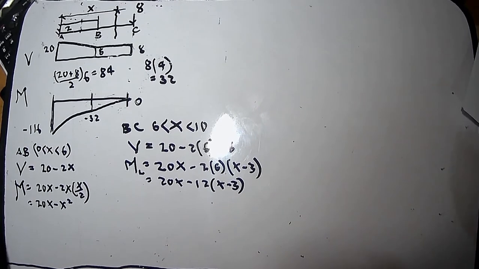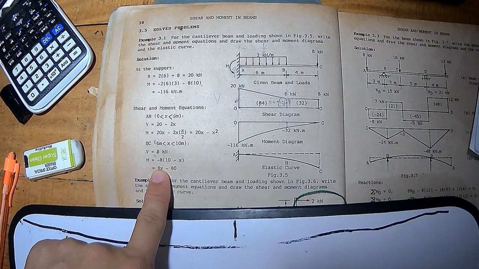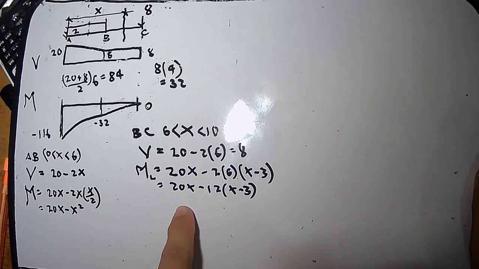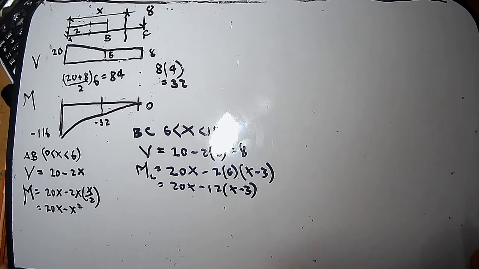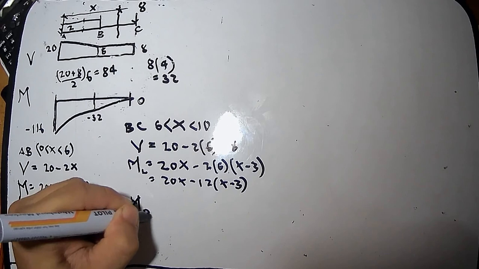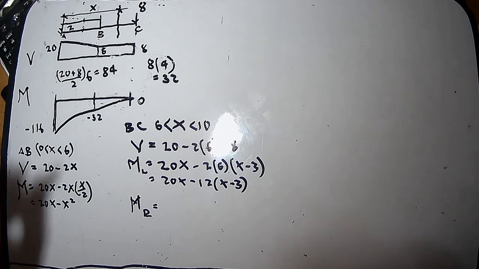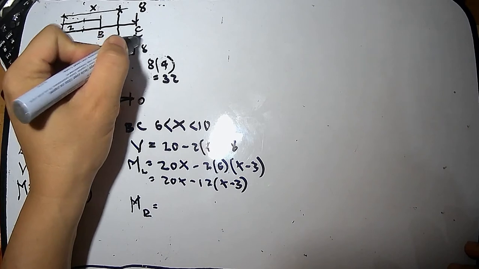Now, let's look at the book. Ang moment niya dito ay negative 8 times 10 minus x. Pero sa atin, 20 times x minus 12 times x minus 3. Okay, let's try moment at right. Okay? Now, what is this distance?